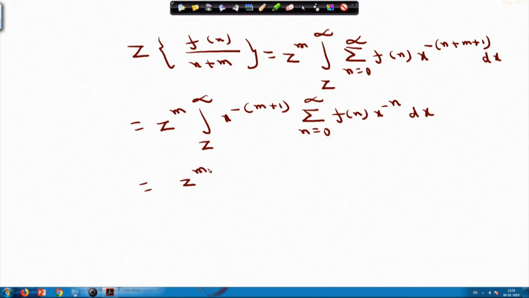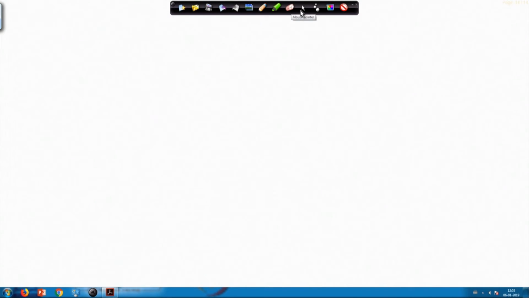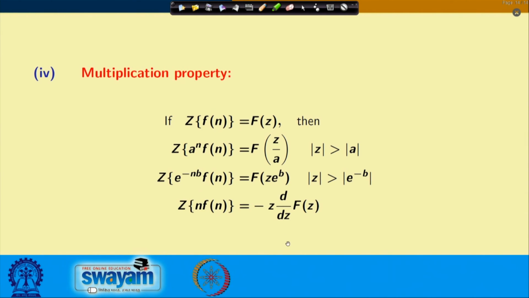This equals z to the power m, integral z to infinity, x to the power minus m plus 1 into, this is nothing but your capital F x from the definition. So, this equals this. Therefore, the z transform of f n by n plus m equals z to the power m into the integral from z to infinity of F x by x to the power m plus 1 into dx. So, this completes the proof of the division property.